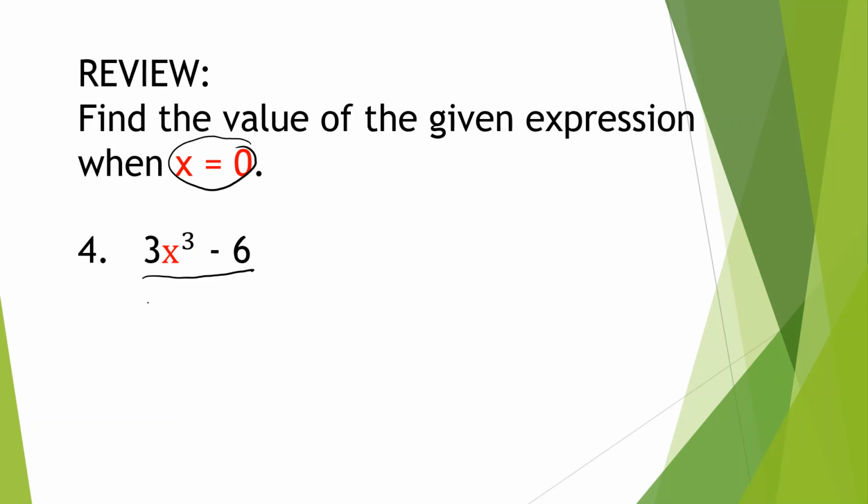So we have 3 times 0 cubed minus 6. Next, 0 cubed is equal to 0. So this is 3 times 0 minus 6. 3 times 0 is 0, minus 6 is negative 6.